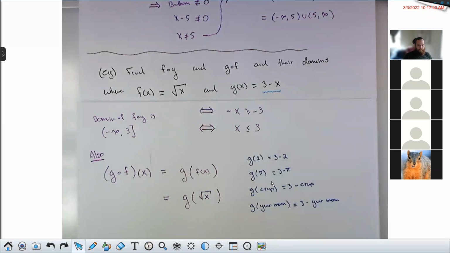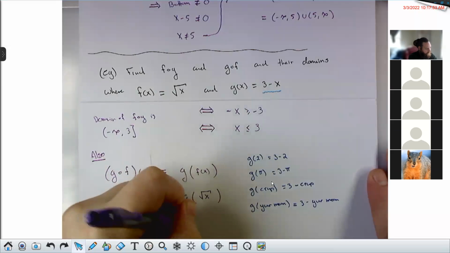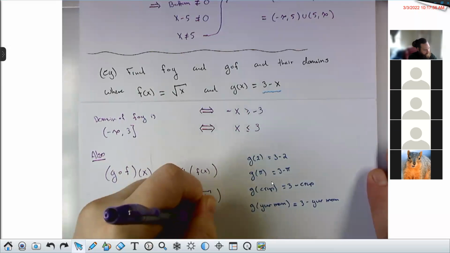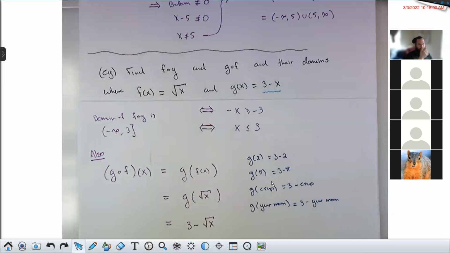So what is G of the square root of x? It's going to be 3 minus the square root of x. Right? G of anything is 3 minus that thing. So G of root x is 3 minus root x.